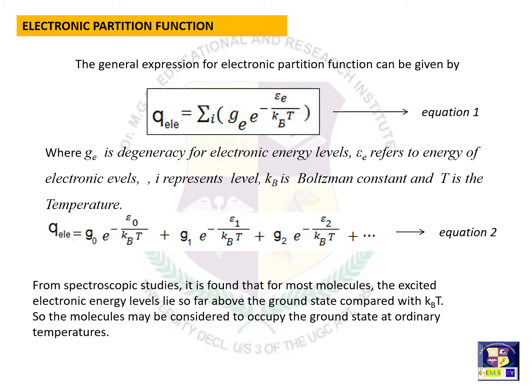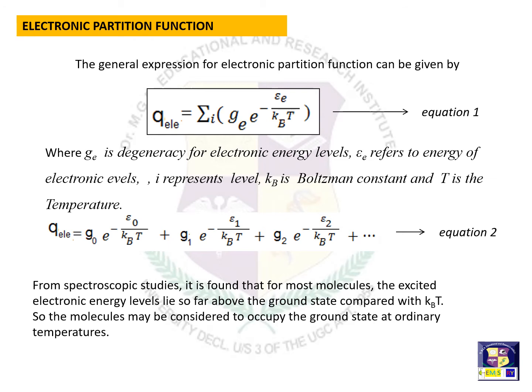Q electronic means the electronic partition function, and g_e is the degeneracy for electronic energy levels, and epsilon suffix e is nothing but the energy of electronic levels. Now i represents the levels, kB is the Boltzmann constant, and we know T is the temperature.